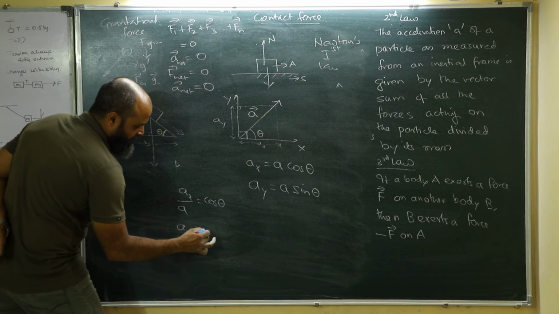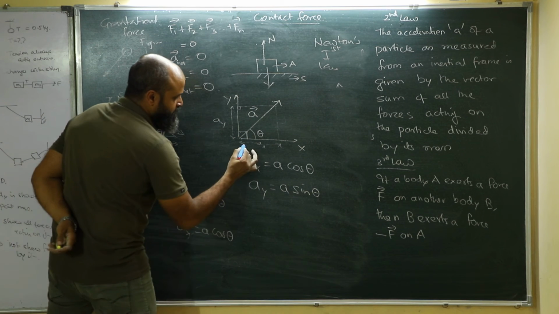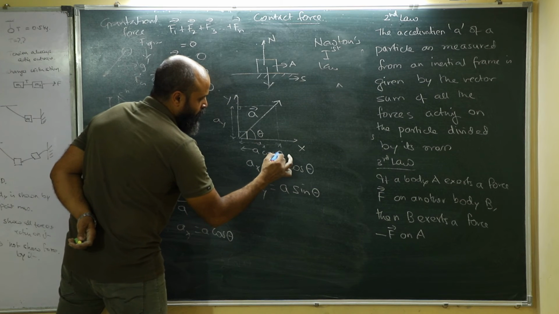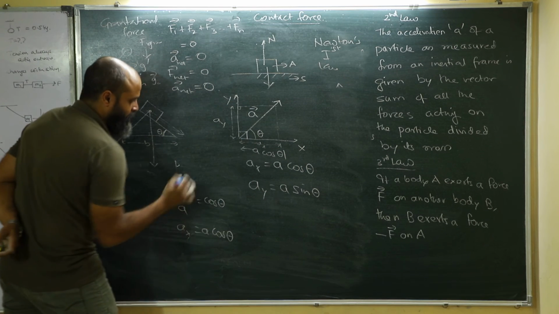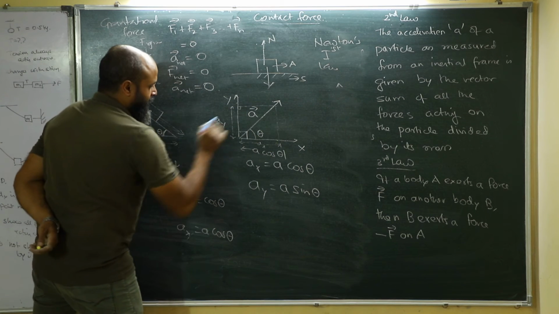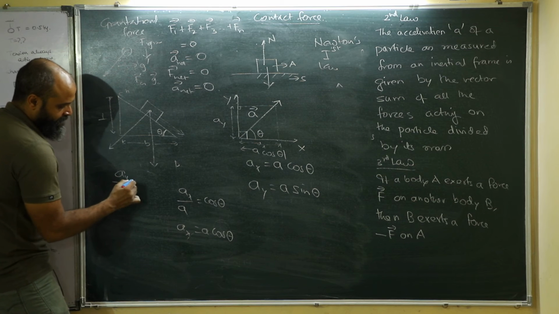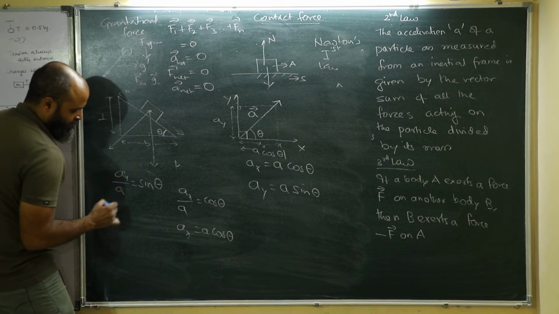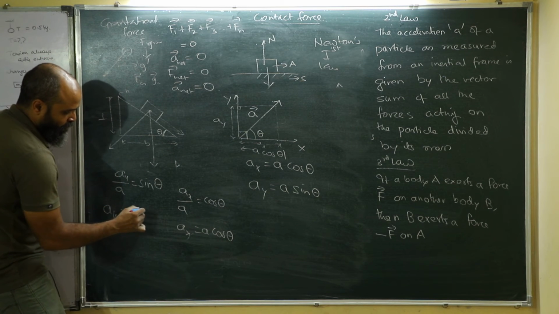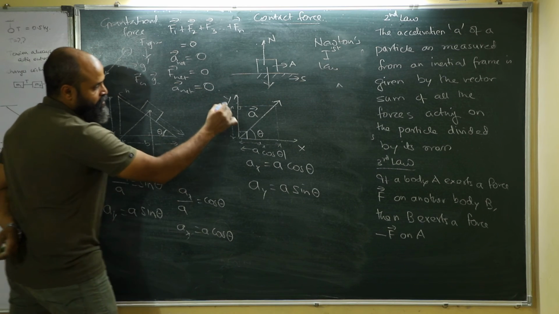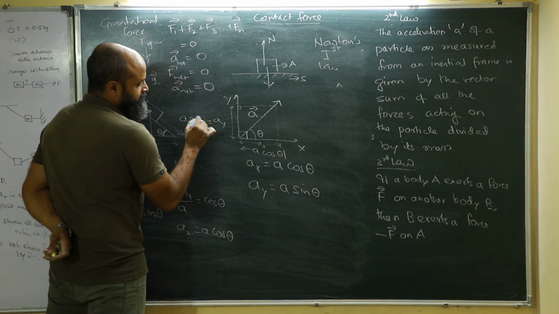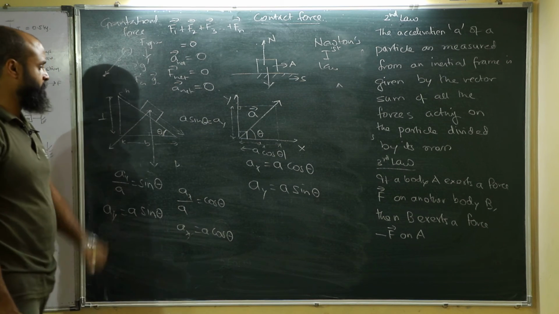So the Ax component will be A cos theta. And what we have here is Ay by A is equal to sin theta, which means Ay is equal to A sin theta. So that's how we are going to resolve this.